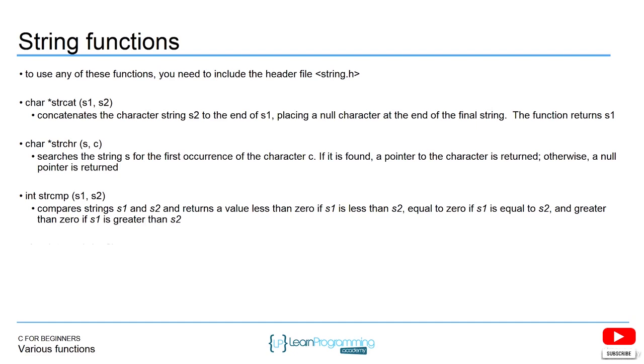So if you passed in a string that contained A and then the second string is B, it would return less than 0 because A is less than B. If you passed in B as the first parameter and A as the second, it will return greater than 0. So you've got to understand those return values. That's what's important in strcmp.